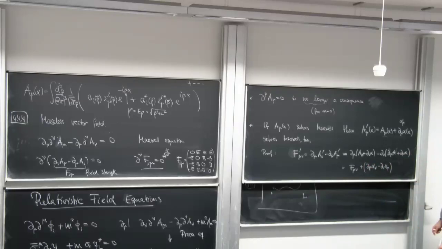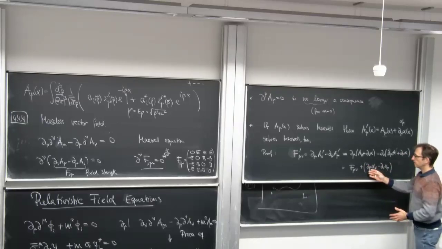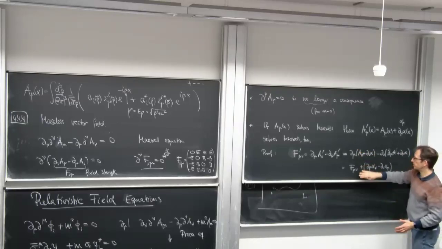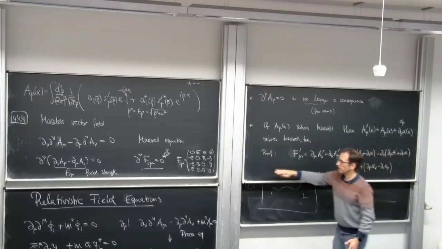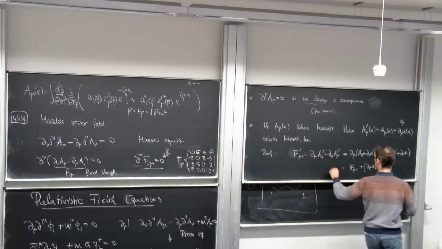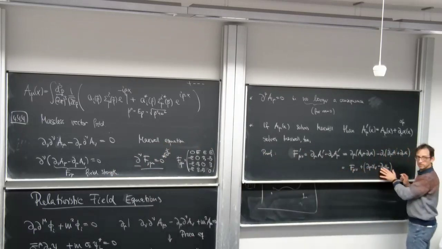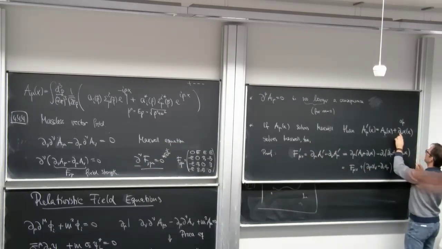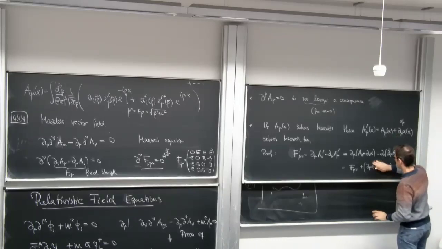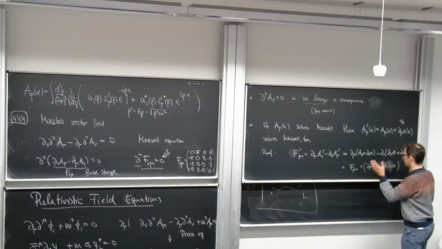And that's something. It's no contradiction yet because that's not the equation of motion. I should still hit it with a derivative and see what happens then. So if I just hit this with a d mu, then I get something that doesn't vanish. But if I have the derivative here, then this is d mu alpha minus d mu alpha, and that's zero.